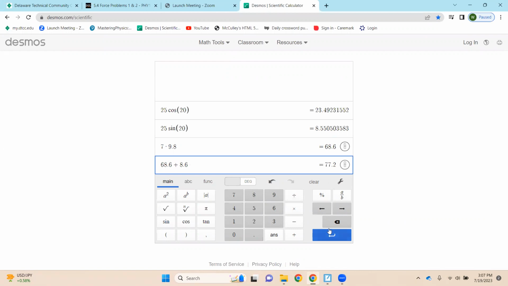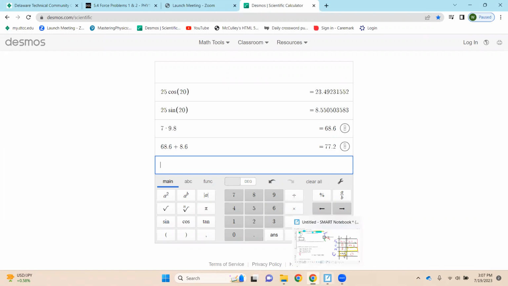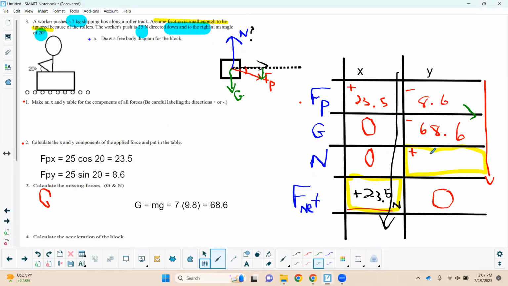And that's 77.2. So these two going down is 77.2, and in order to keep it balanced and get to 0, it's just the opposite. So these two add up to negative 77.2. If I add positive 77.2 to it, I'll get 0. So 77.2 newtons going upward, that is the normal force. So we solved for step 3.